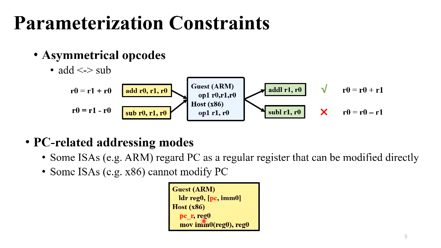And PCR is a pseudocode which is used to request register 0 from QEMU. For other relevant constraints, please check section 4 of the paper for more details. Those constraints will be kept as part of the translation rule and will be checked at runtime when it's applied.